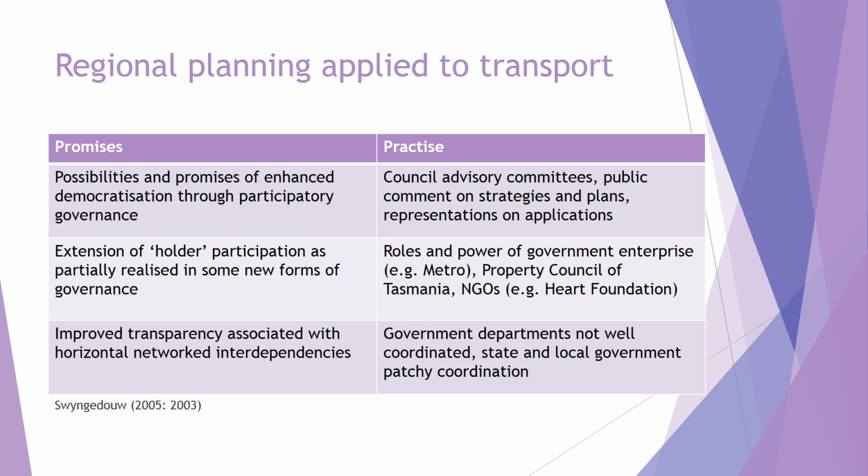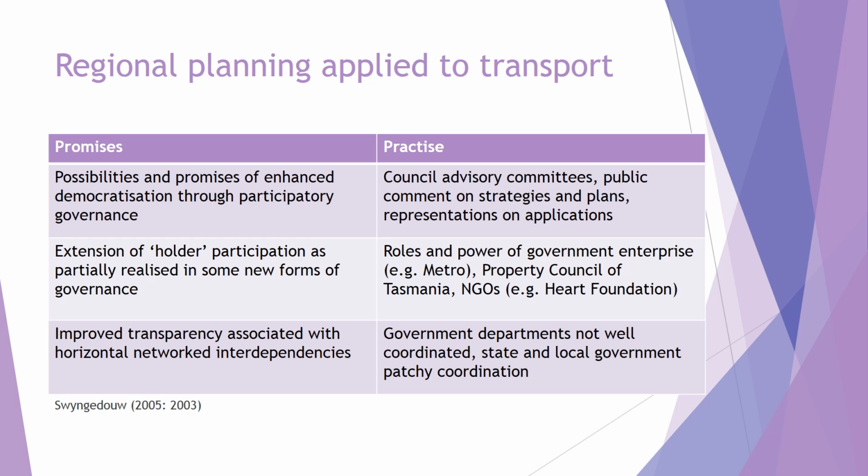The current state of play in Tasmania is that government departments are not very well coordinated in terms of transport planning, and the connections between state and local government is also pretty patchy. It kind of depends, because Hobart probably has stronger relationships with state government than many of the other councils do, but it is quite patchy.